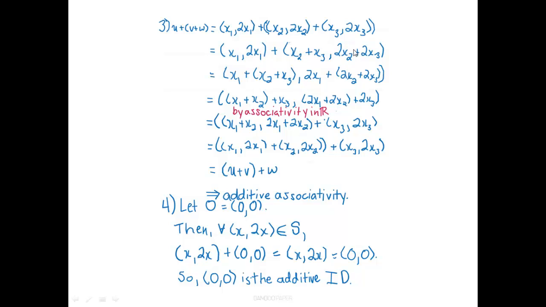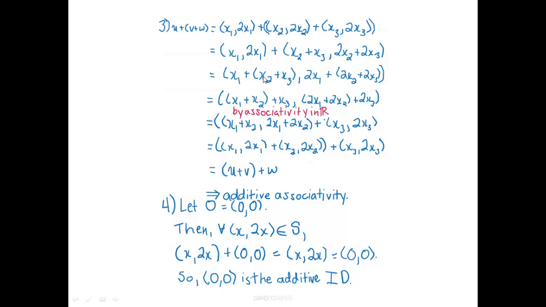That's a vector right there. And I can continue with my definition of addition once more. That gives me x1 + (x2 + x3), same thing with the second component. And the good news is x1, x2, x3 are real numbers, and there is associativity in R.